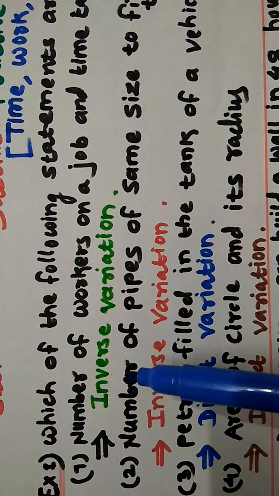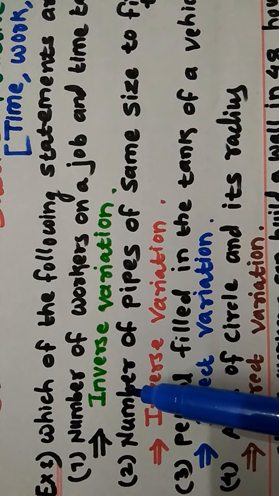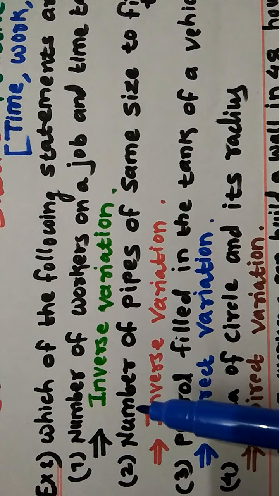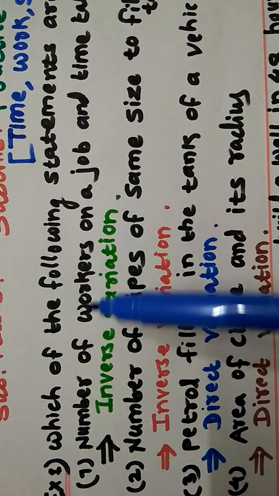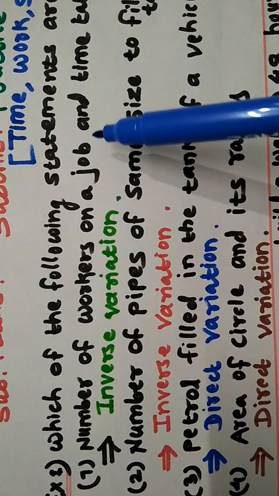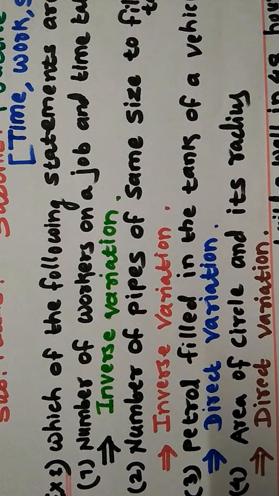Remember that if in two variables one increases and the other decreases, then there is an inverse variation. See number 1, number of workers on a job and time taken by them to complete the job.